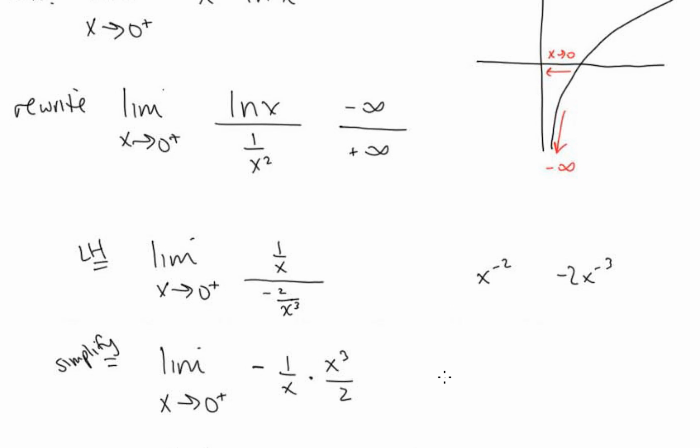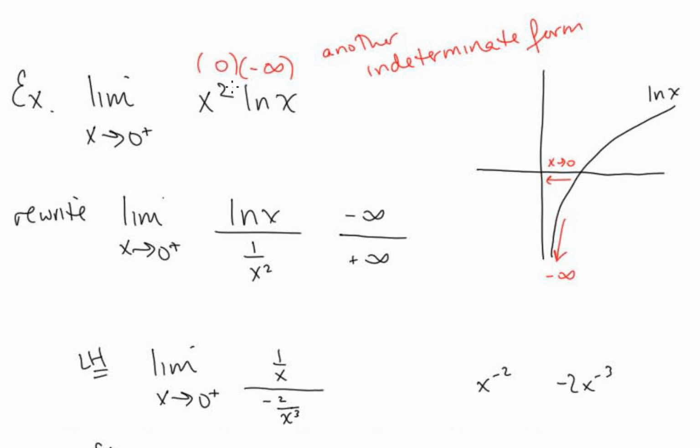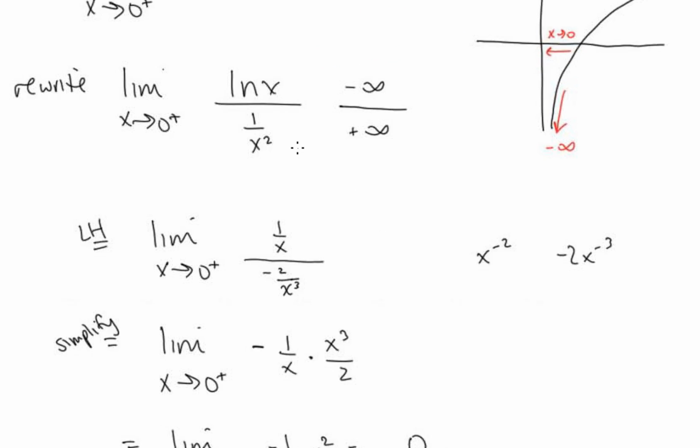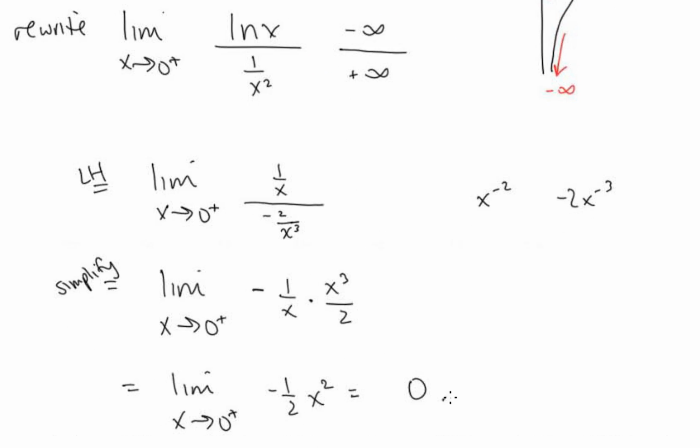So let's just talk a little bit more about this type of indeterminate form. When we have a 0 multiplied by an infinity, we need to figure out which one is going faster. Is this function x squared pulling the product to 0 faster than ln x is pulling the product to negative infinity? And in fact, yes it is, because this limit is equal to 0.